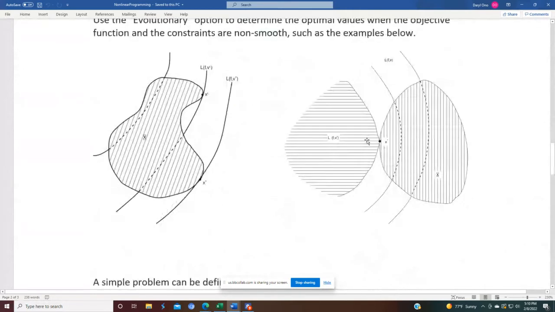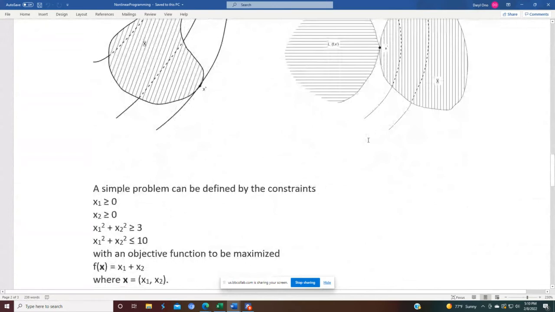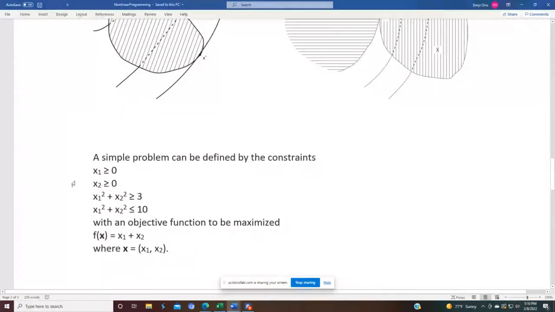Okay, any questions? Everyone have a pretty good idea of what we're going to do? Let's try the simple one right here. Do you see you have x1 and x2? They're squared, raised to the second power. Whenever you have that, or multiplications of variables, then you're going to have to use nonlinear programming.